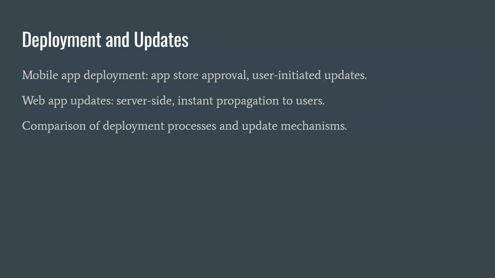Deployment and updates. So deployment is another area where mobile and web applications differ significantly. Mobile applications have to go through an App Store approval process. If you're publishing an iOS app, you need to go through the App Store from Apple.